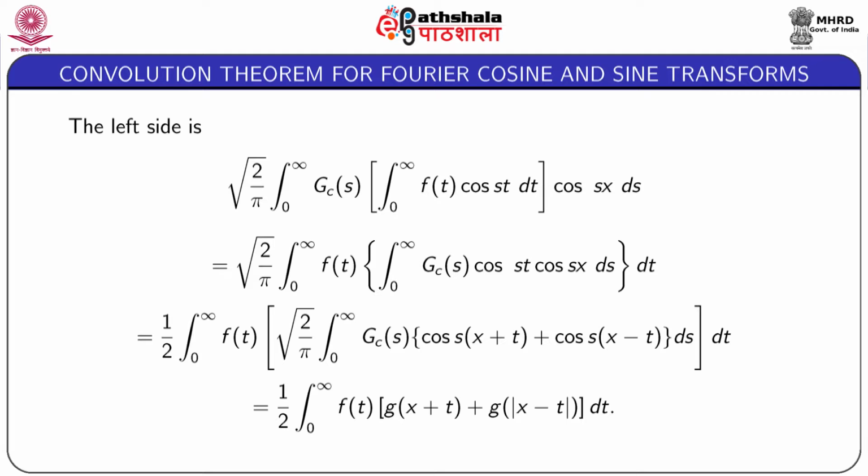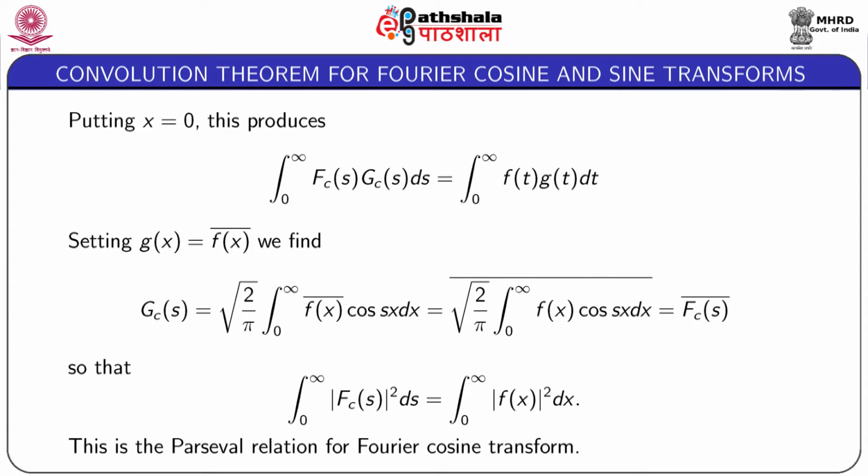So that we get the result: half of integral f(t) into [small g(x plus t) plus small g(x minus t)] dt. So, we have proved this result for the Fourier cosine transform.